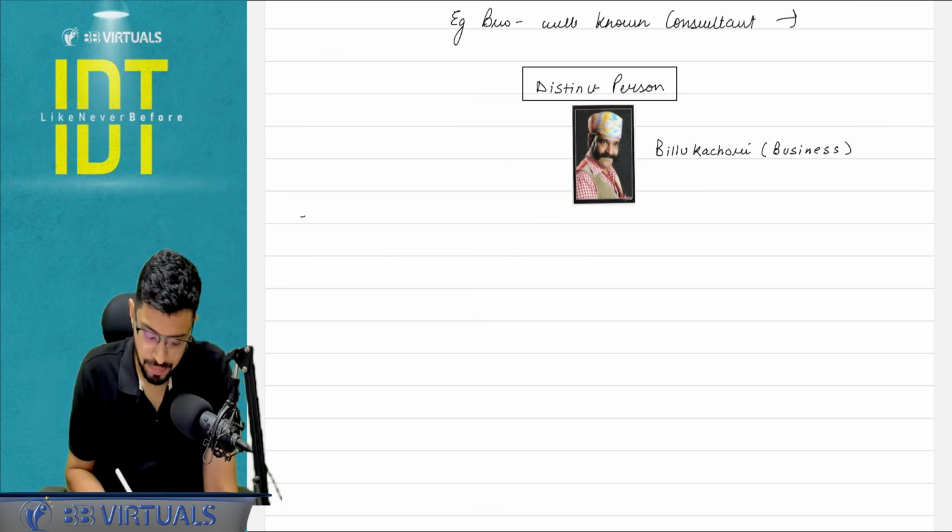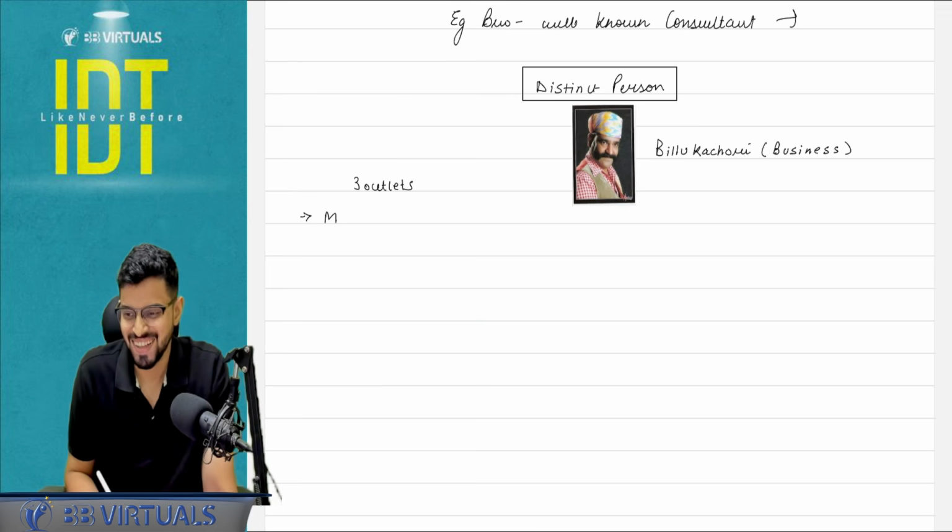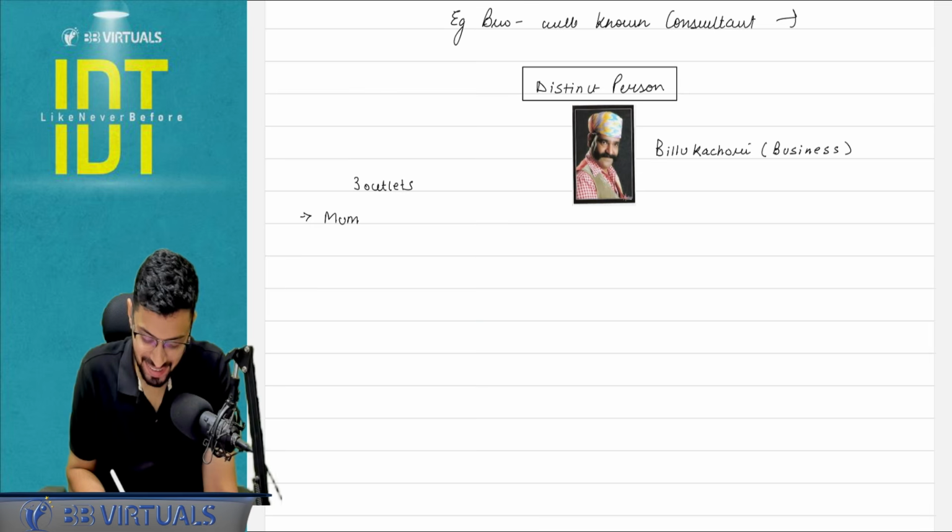One in Mumbai, one in Pune, and one in Kerala.